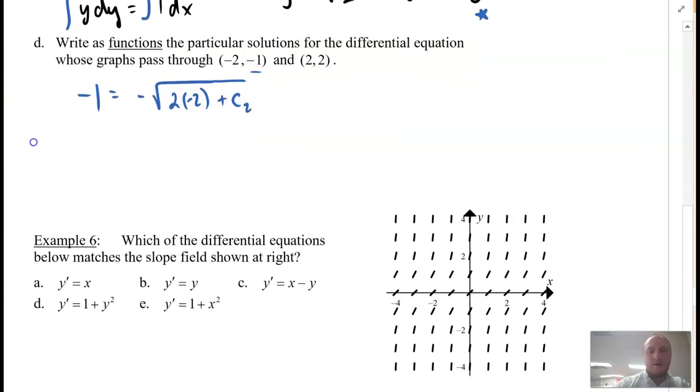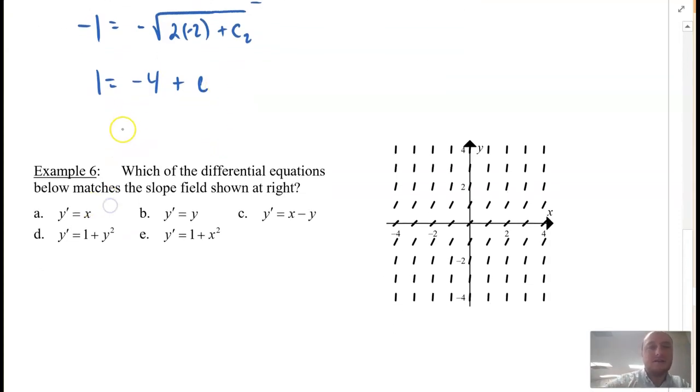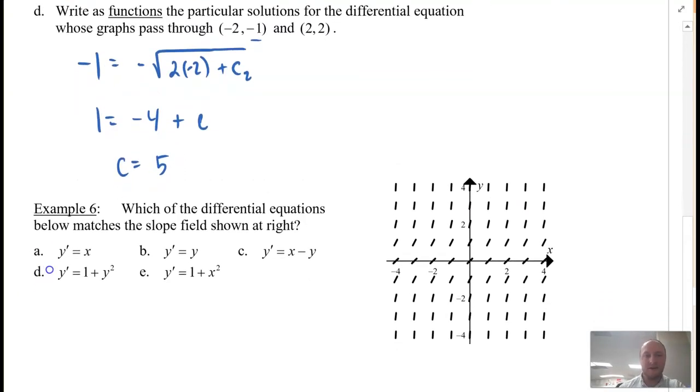I'll square both sides, and we get 1 equals -4 plus c. c2, we can call it just c, and solving for c, we add 4 to both sides. So c is equal to 5. Here is your first equation: y is equal to negative square root of 2x plus 5.